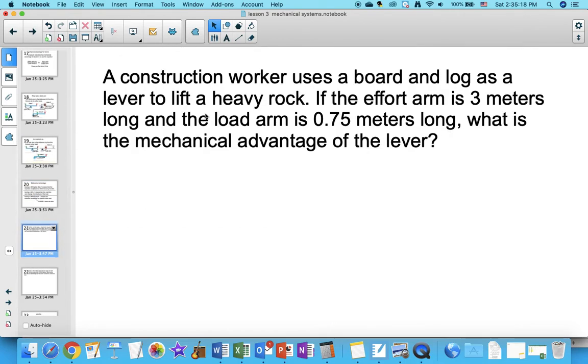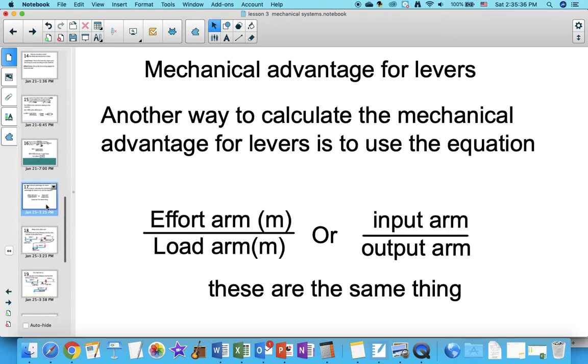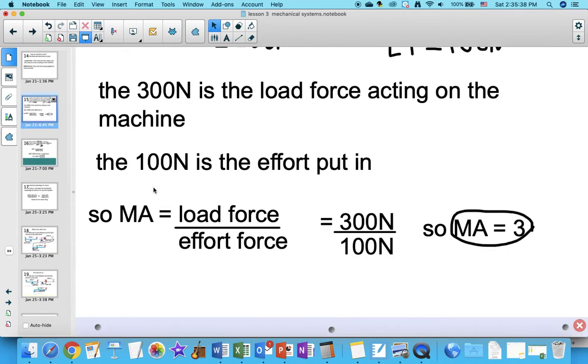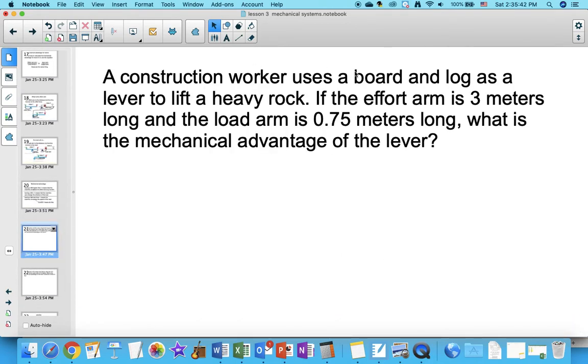So a construction worker uses a board and log as a lever to lift a heavy rock. If the effort arm is 3 meters and the load arm is 0.5 meters, what is the mechanical advantage of the lever? Again, a mistake you'll make is instead of doing effort arm over load arm, you're going to do load force over effort force. But keep in mind, we are using meters.